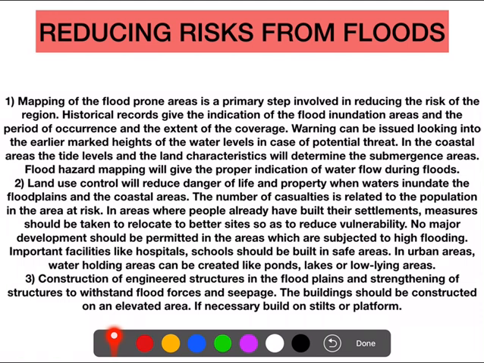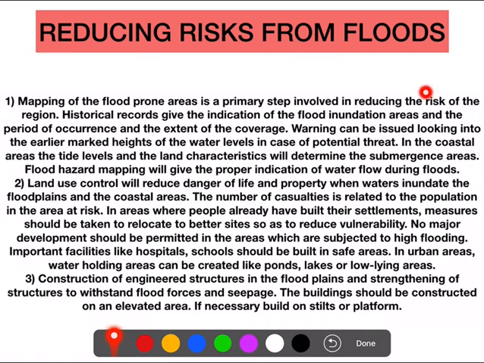These things are taken into consideration, along with previous data regarding floods in a particular area, and everything is considered, and they prepare a hazard map regarding the flood. This is called mapping of floods.